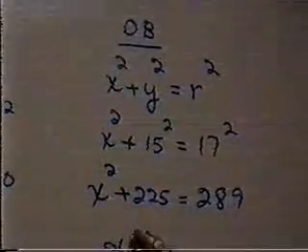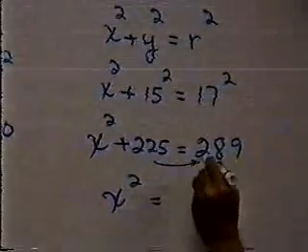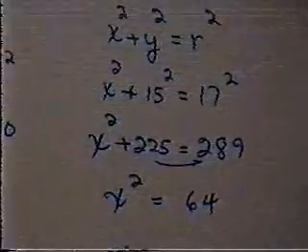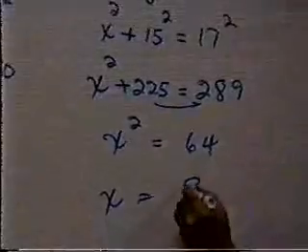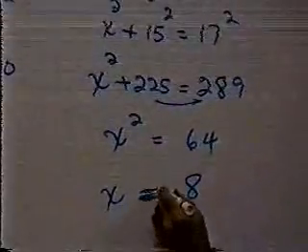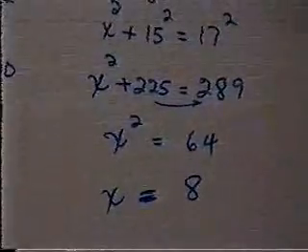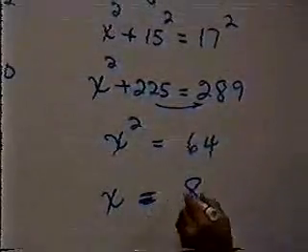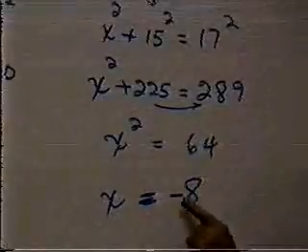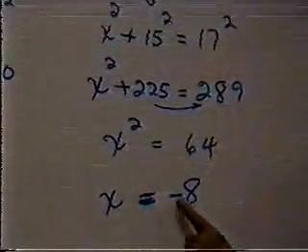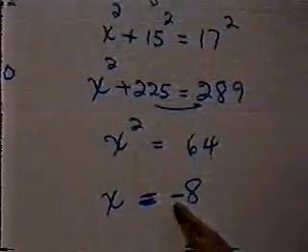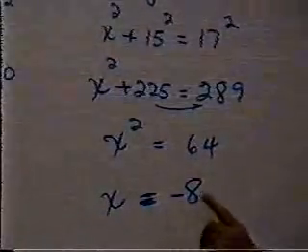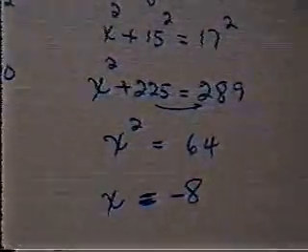And so x squared is equal to, we come over and subtract that, and we get 64. We take the square root of that, and the answer is 8. So the square root of 64 is 8. The answer is 8. But that point was over to the left, so we put a minus there. You put the plus and minus on there from where the point is. Okay? It has nothing to do with the square root. You put the plus and minus on x and y's from where the point is.